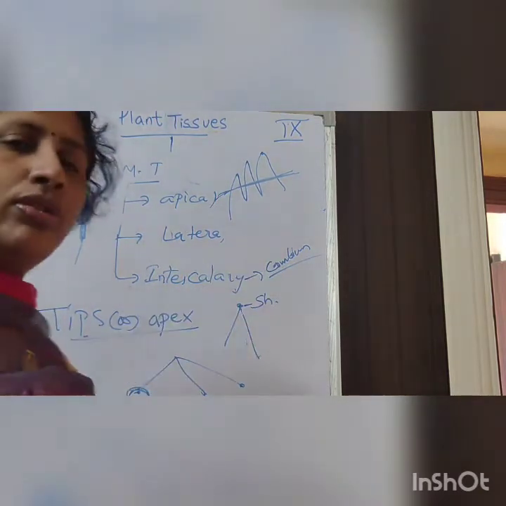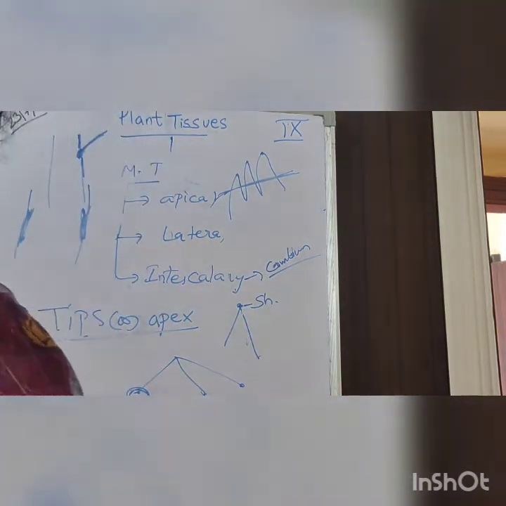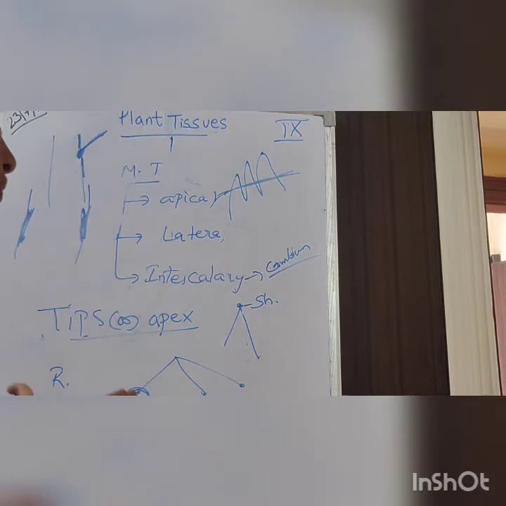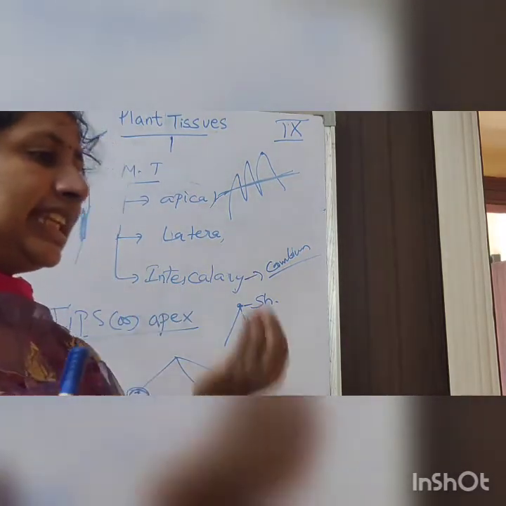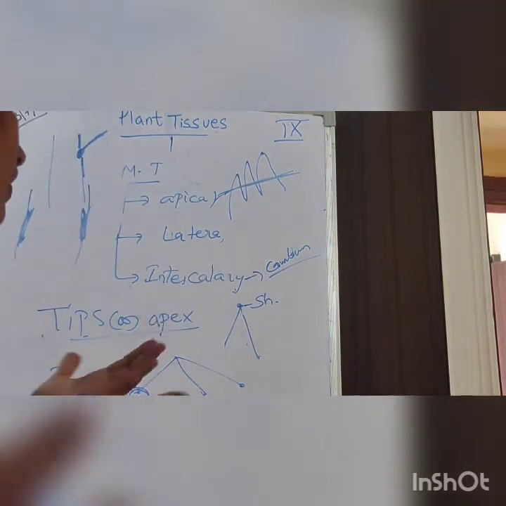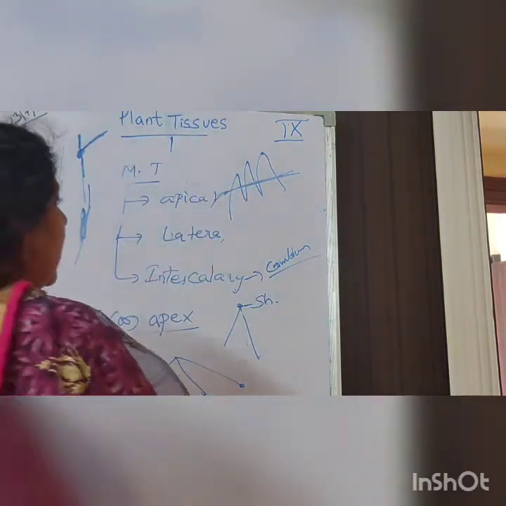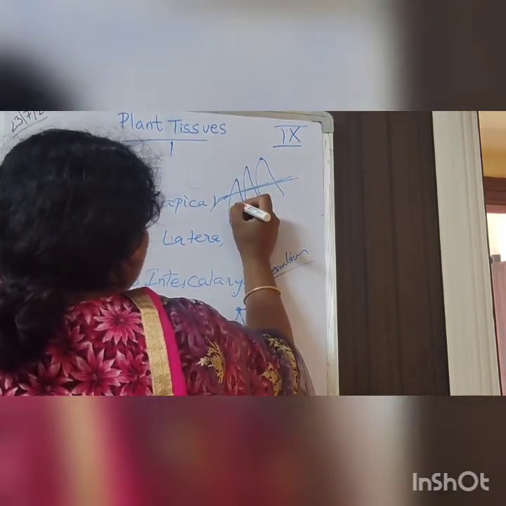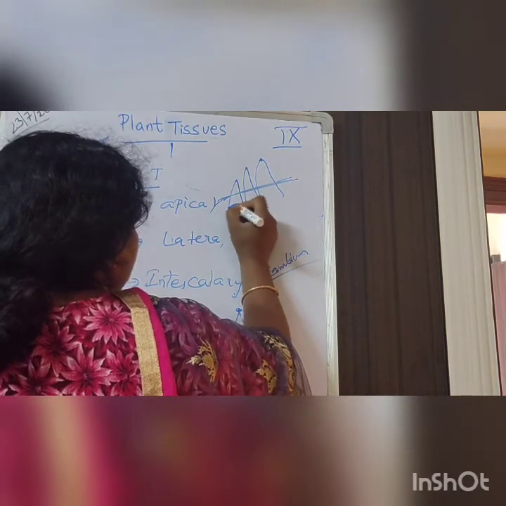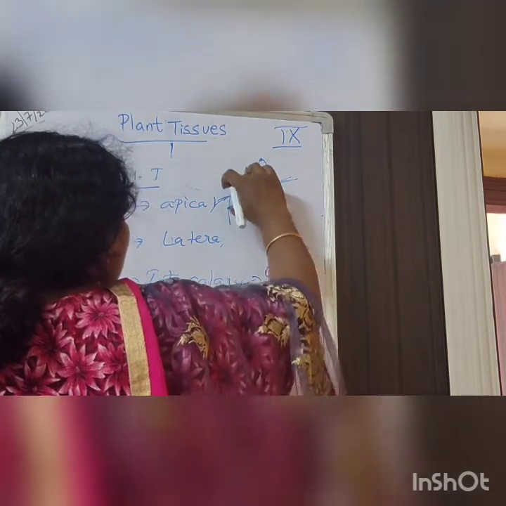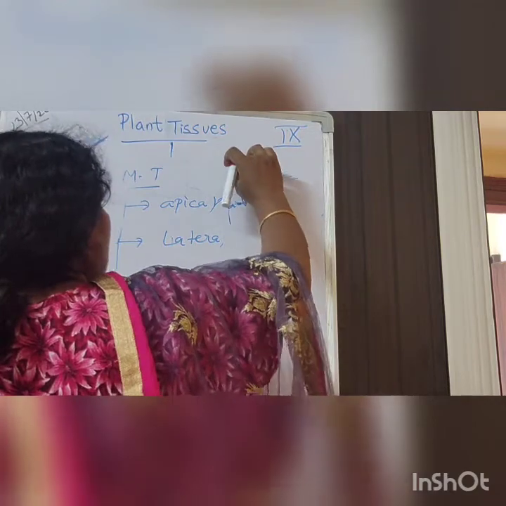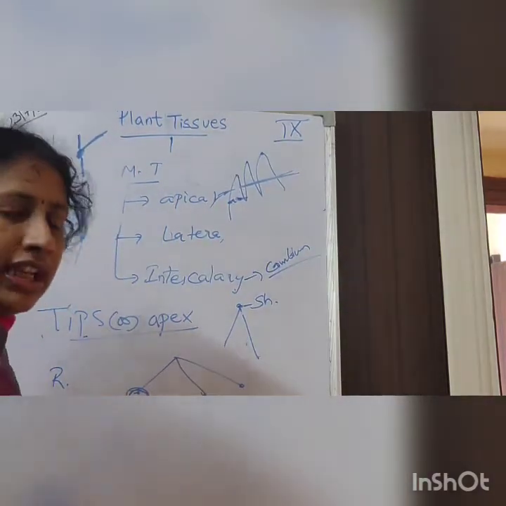The plant will stop growing, or it will grow? It will grow. Definitely, because intercalary meristematic tissue helps in the growth. It helps in the growth of this region, so this region will also grow like this.